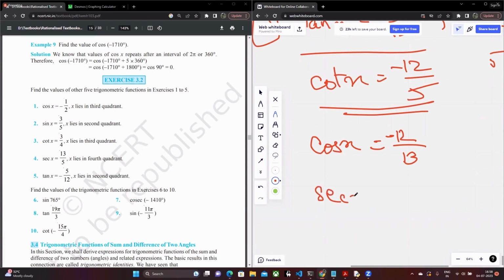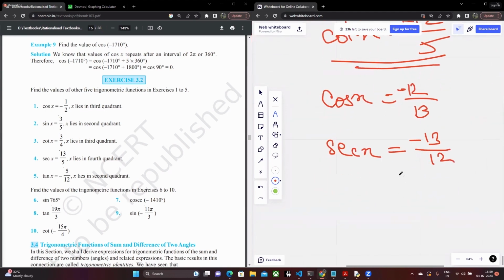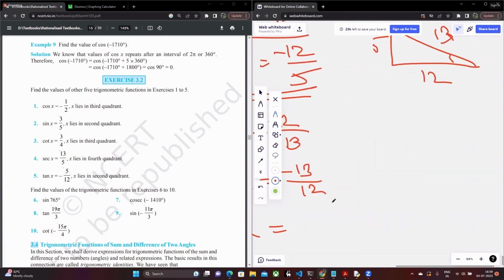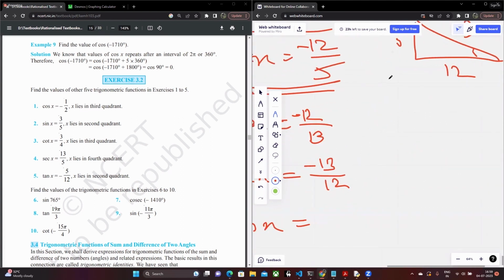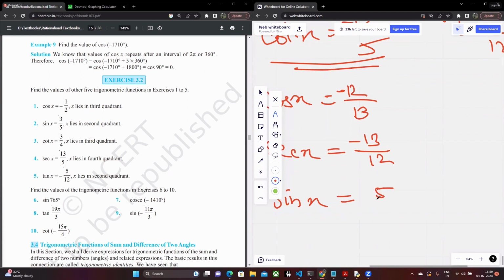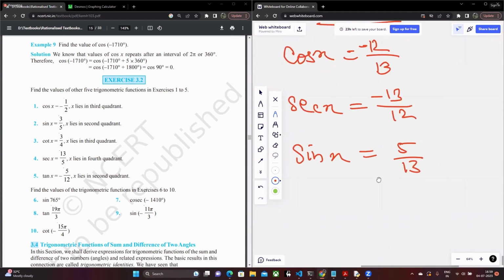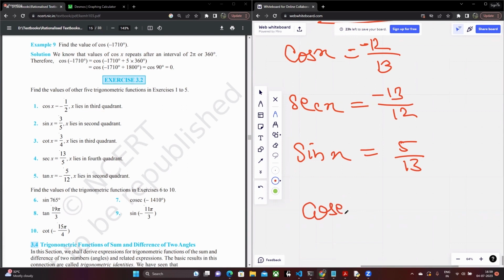Then secant x is going to be minus 1 by cos x, that is going to be minus 13 divided by 12. And finally, sin x is going to be 5 by 13. Since it's the second quadrant, sin x is positive, so I'll just keep the plus as it is. All right, and cosecant x is going to be equal to 13 divided by 5.